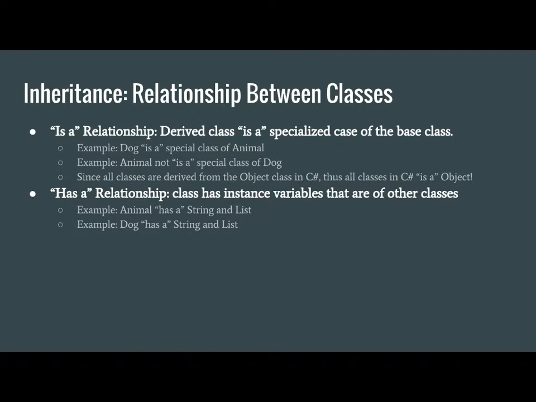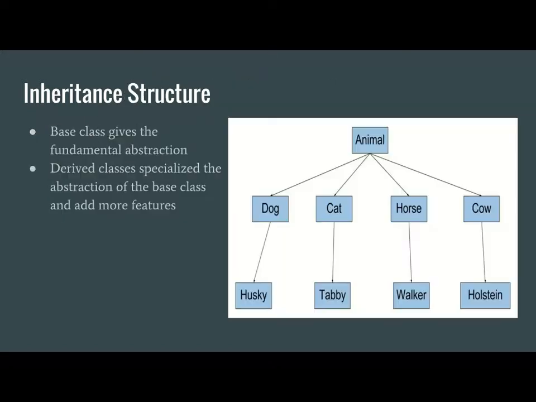The relationship between classes in inheritance is called the is-a relationship. A derived class is a specialized case of the base class. In our example, we have dog derived from animal, so the dog class is actually an animal.